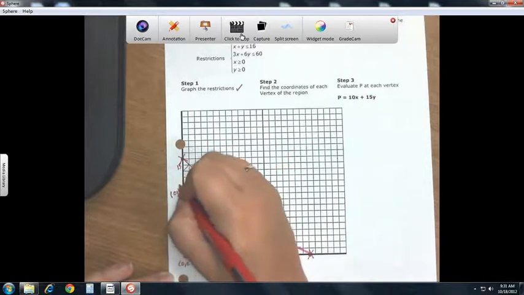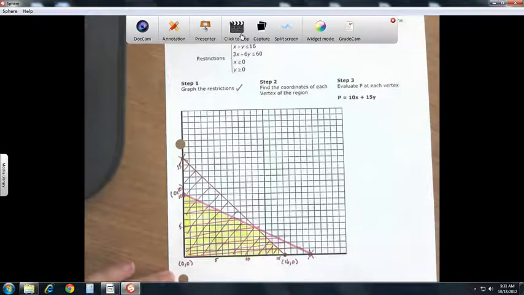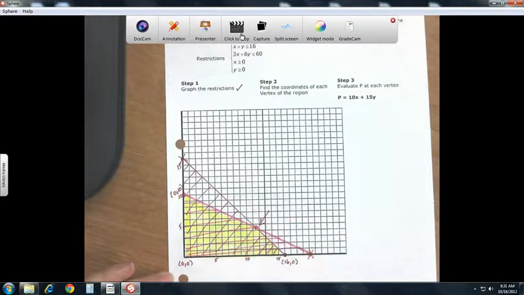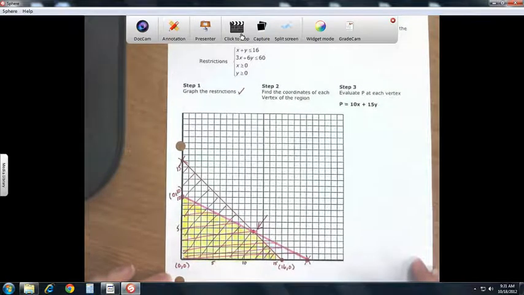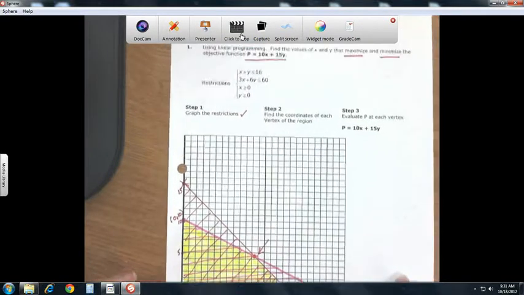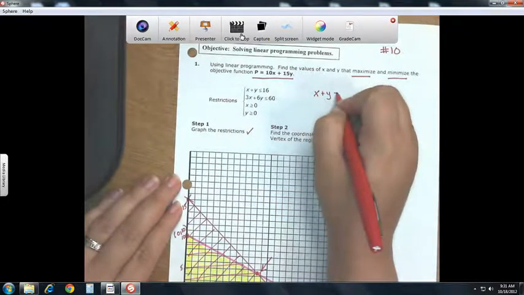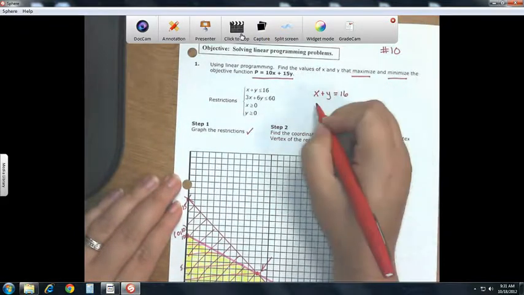No matter how accurate you graph, that's really hard to find, at least by hand, but it's really easy to find with a matrix. If you go back up to your equations, our two equations were x plus y equals 16 and 3x plus 6y equals 60. We want to know where those two lines cross.